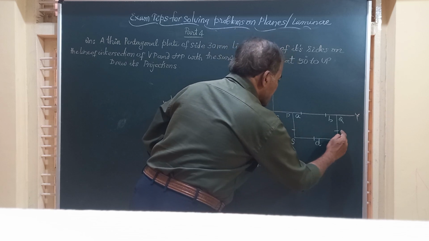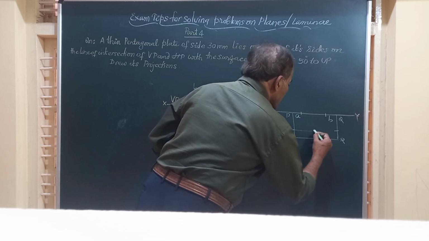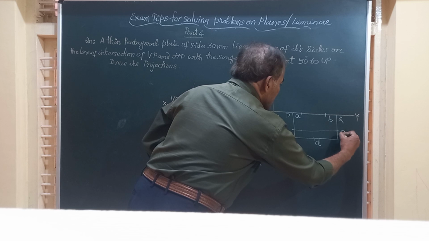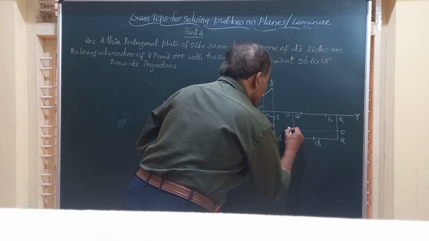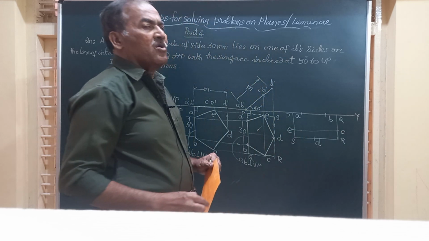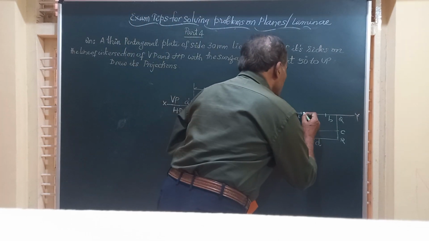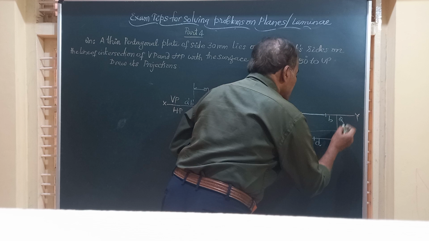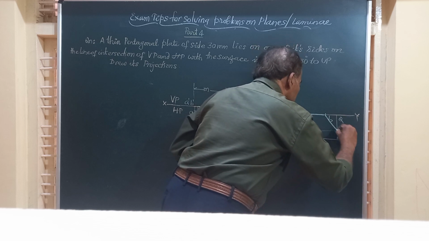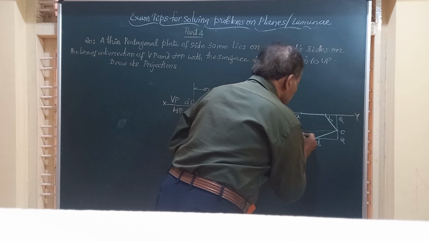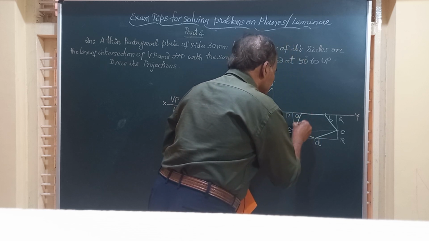And if you extend that line here, you will get the point on the other end. This is A, B, this is C, this is D, and this is E. Friends, we have got all the 5 corners of the lamina. We will join them by straight line. So A to B, B to C, C to D, D to E, and E to A.